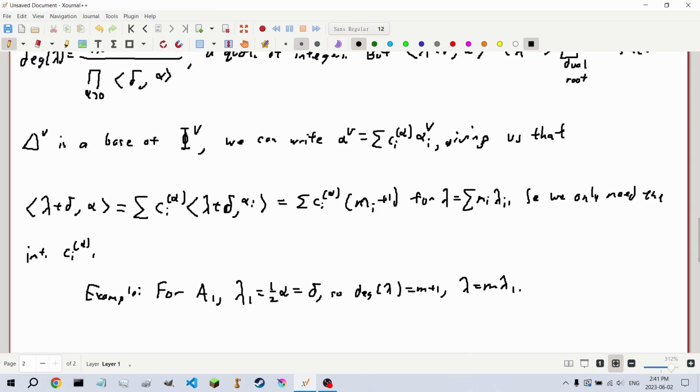Now consider rank 2, with lambda being m1 lambda 1 plus m2 lambda 2.